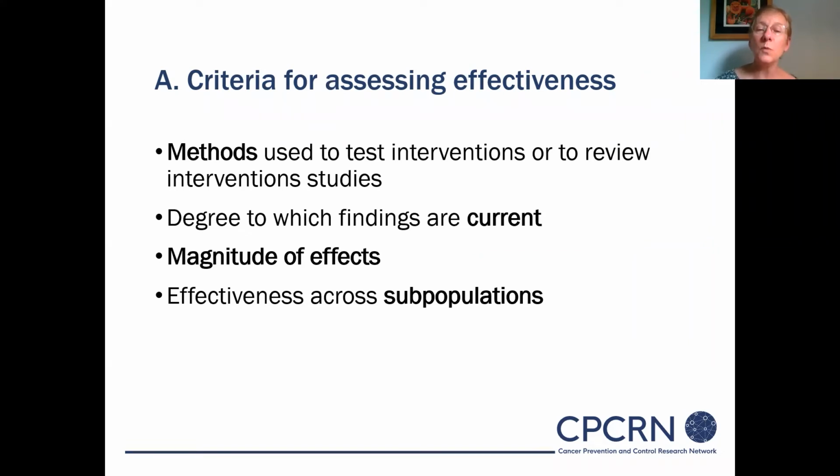And so the things you want to look at are the methods used to test the interventions or to review intervention studies, the degree to which the findings are current, the magnitude of the effects. So that's how much improvement did this intervention achieve? And then, if available, is there evidence that it's effective across subpopulations and particularly in the population you're interested in working with?